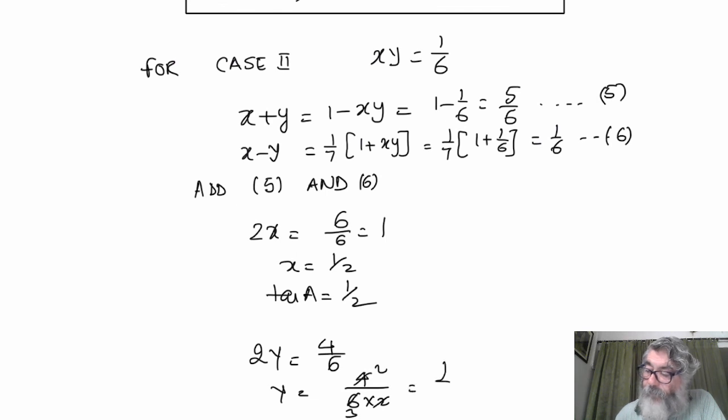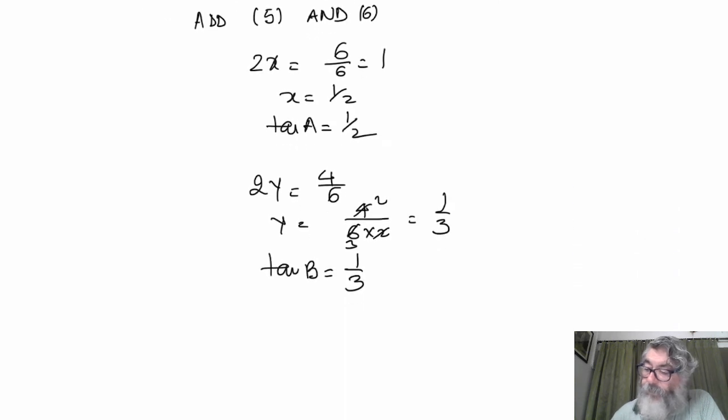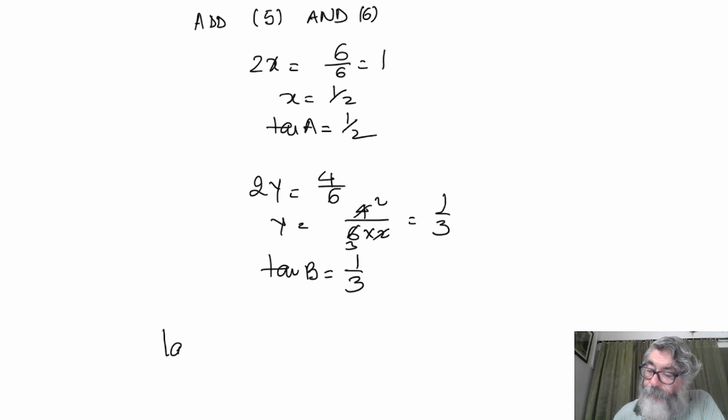So 1 upon 3, or 10b will be 1 upon 3. So 10a is equal to 1 upon 2, and 10b is equal to 1 upon 3.